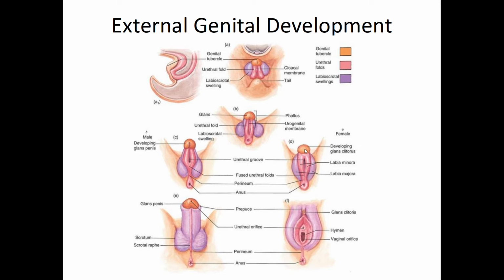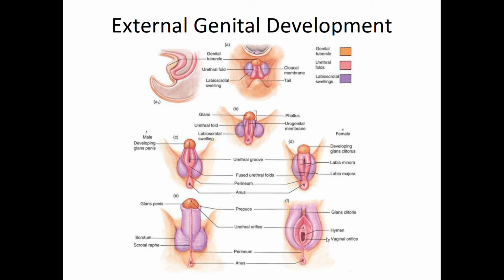So either way, that becomes the glans there. And so down at the end here, you'll see the glans clitoris in the female, the glans penis in the male. The rest of the penis structures will develop here in the penis and into the internal clitoris in the female that you've seen in lab before.